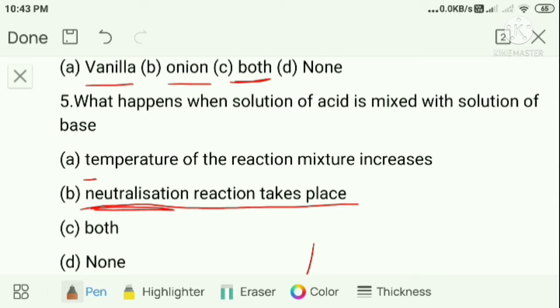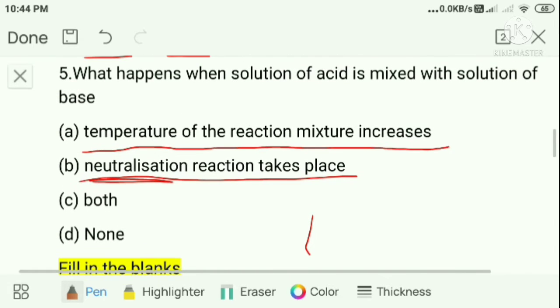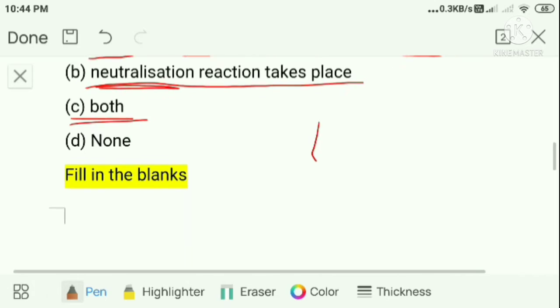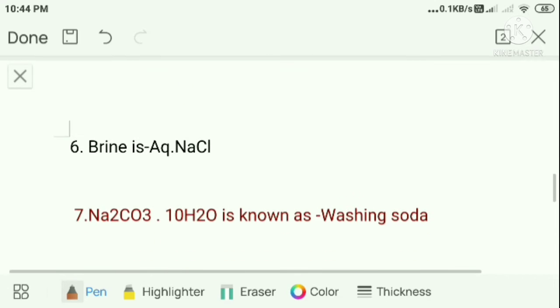That heat raises the temperature of the reaction mixture. So here children, what is the answer? That is both. Option C is the answer. Now let us come to the fill in the blanks.